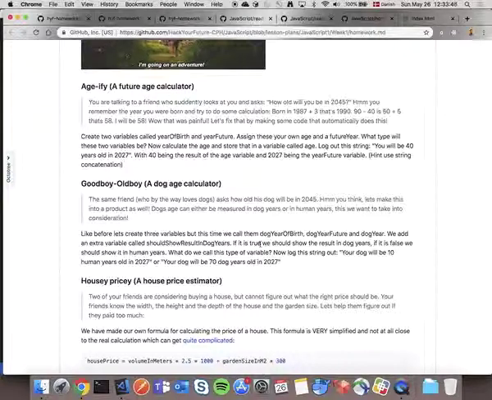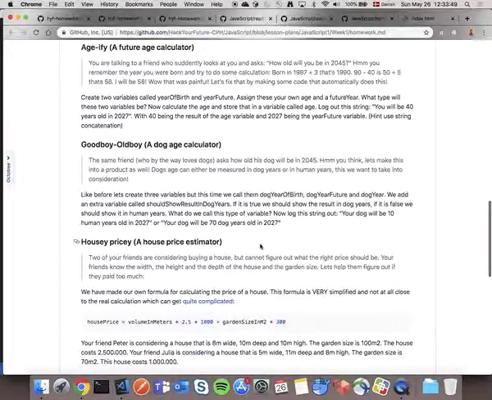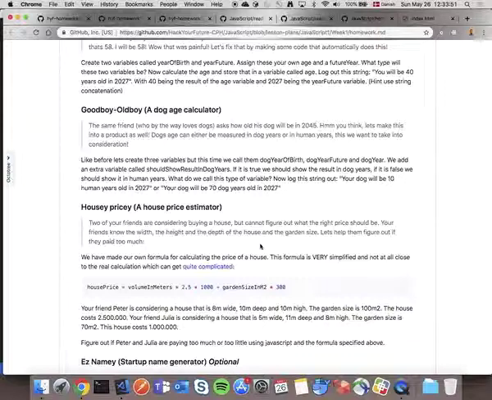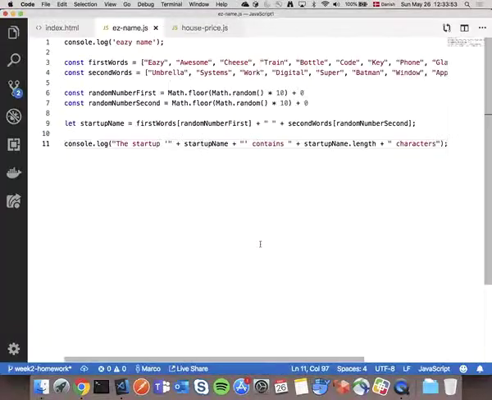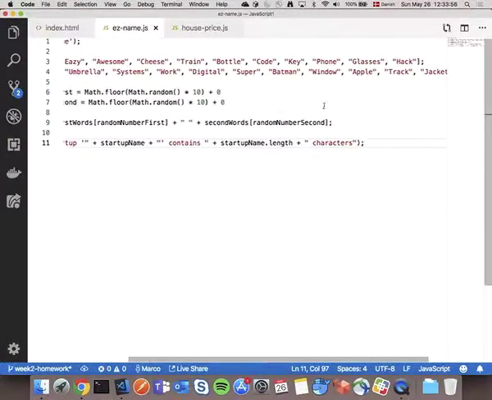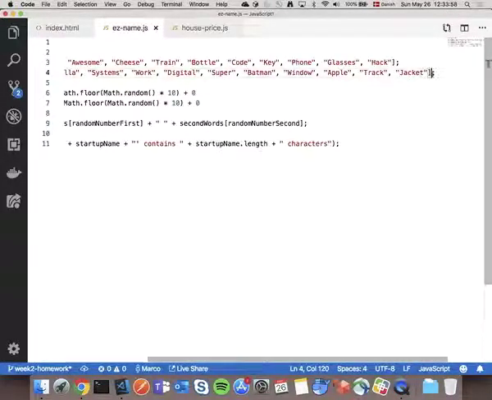Startup names were not easy. The startup names. Oh, yes, to give those names. What I do a lot of times when I need to give random names is that I just start looking around me. That's why I have track and jacket, because I was on a train. In this type of exercise, if you had put A, B, C, that would be okay.